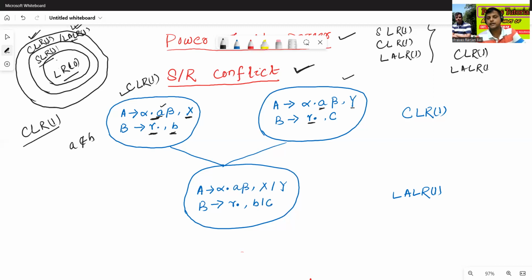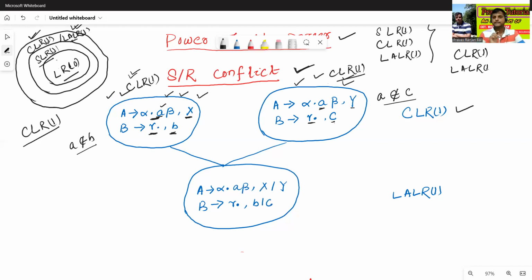B → γ., this is called the reduce action, and here the lookahead part is C. Here A does not belong to C. Since A does not belong to B and A does not belong to C, both states are CLR1, meaning there is no SR conflict in either state in case of CLR1.